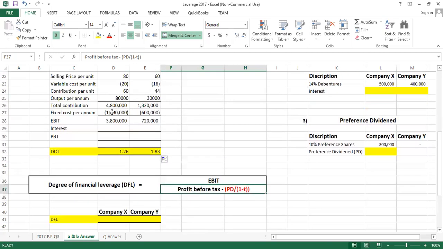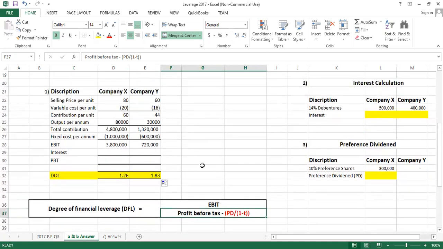Let's see. Earnings before interest and tax are calculated. Then less the interest cost, finally we can calculate the profit before tax. So first, we want to calculate the interest. Let's see how to calculate the interest amount.